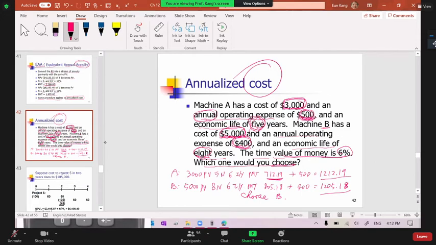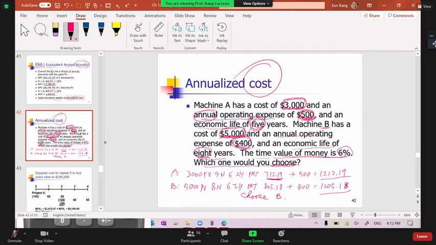For example, if I change the cost, instead of 5,000, if I make it 5,500, then what? Then definitely B will be more expensive, right? So it doesn't depend on whether you use a machine that runs long or short. It doesn't matter.